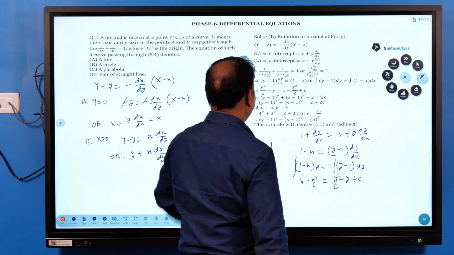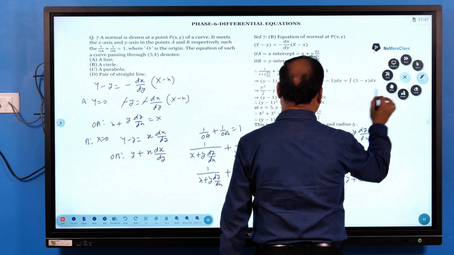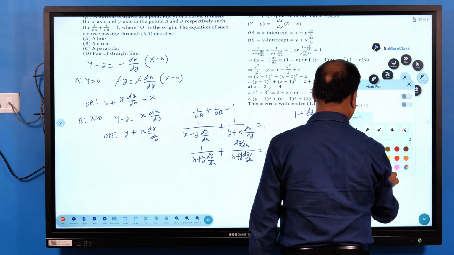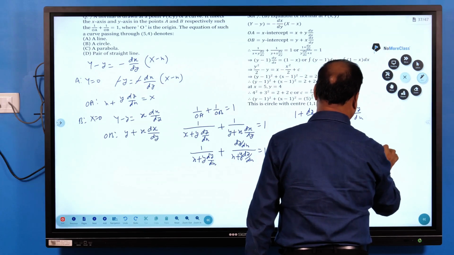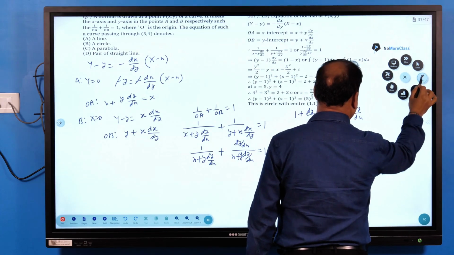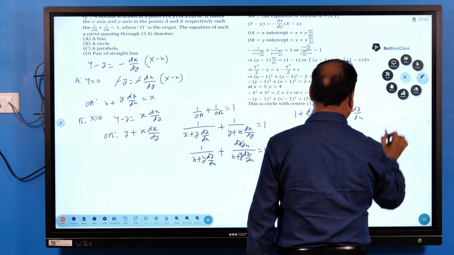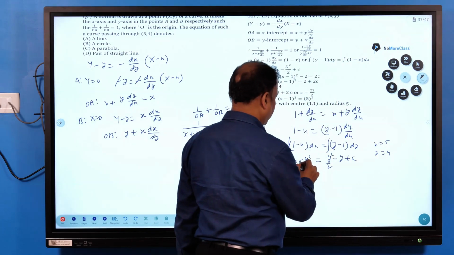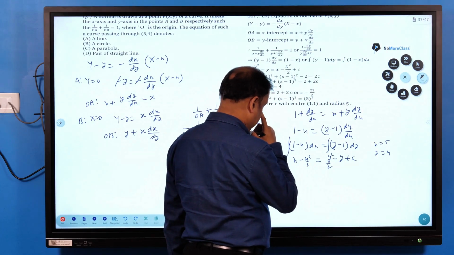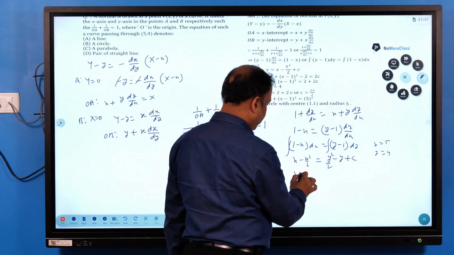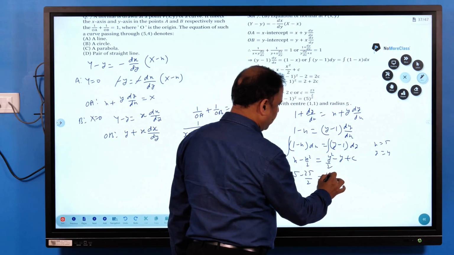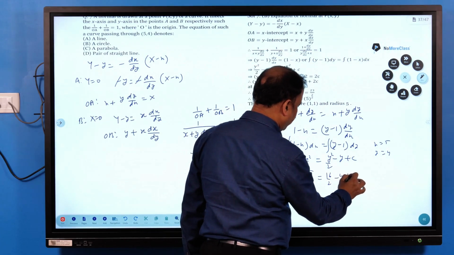The condition is given, it is passing through (5, 4). So put x equal to 5, y is equal to 4. So you will get 5 minus 25 upon 2 is equal to 16 upon 2 minus 4 plus c.